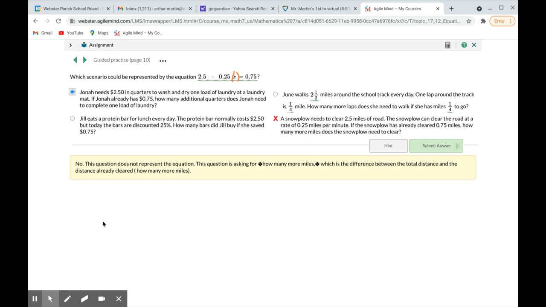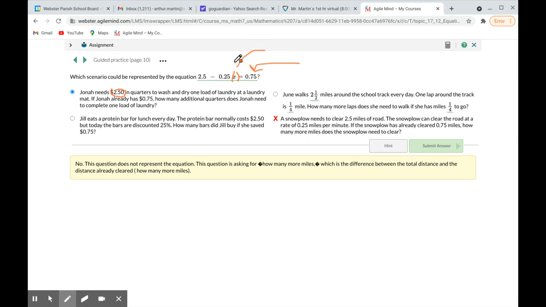All right, so let's look at it. He needs $2.50 in quarters to wash and dry one load of laundry. He's already got 75 cents. So this is what's in his pocket. How many additional quarters does Jonah need to complete one load of laundry? Oh, I see what it's saying.